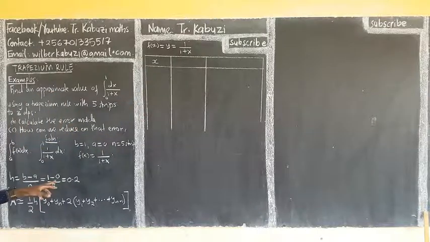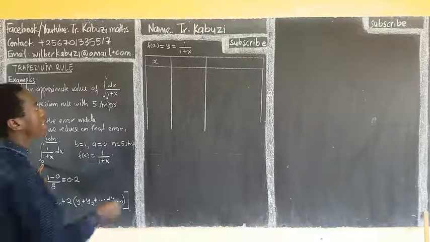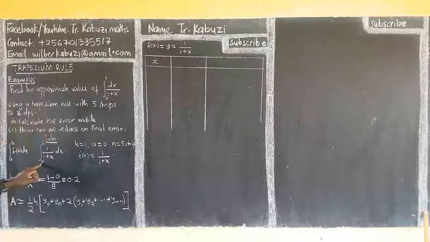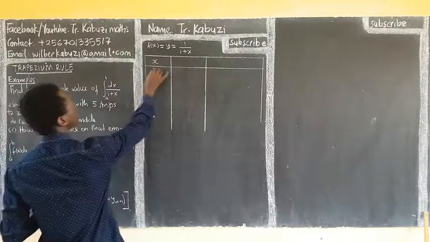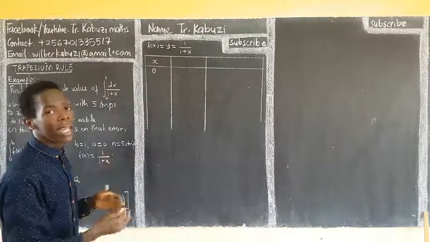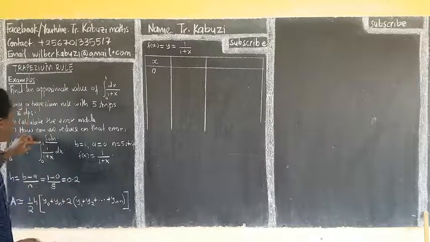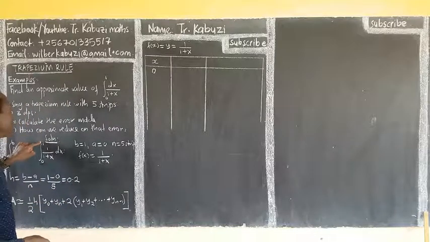Now remember we are integrating from a up to b. So the first x value is always this lower limit, so it's going to be 0. Then to know the next x value, we add 0.2 until we reach our last value.